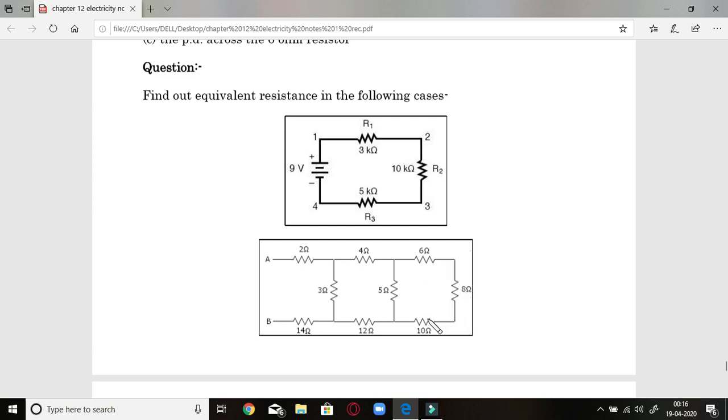Once you calculate in series, then this will be in parallel because there is a connection here. This means the 24 ohm, which is a series resistance, will be in parallel with the 5 ohm. So with that, try to find out the complete resistance of this circuit.